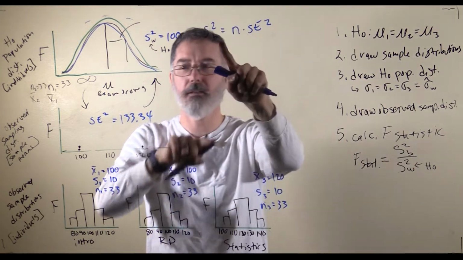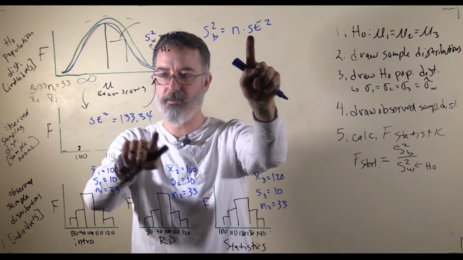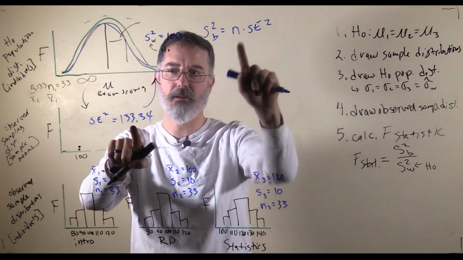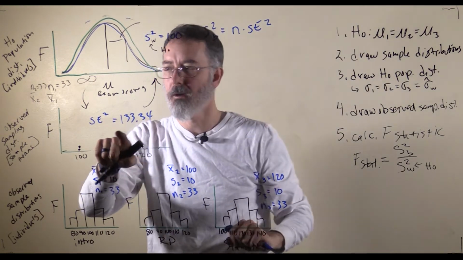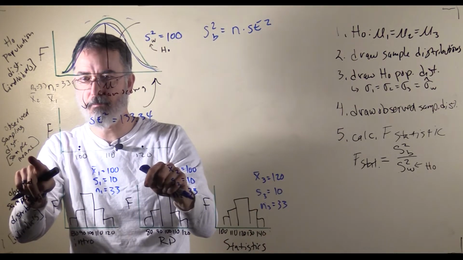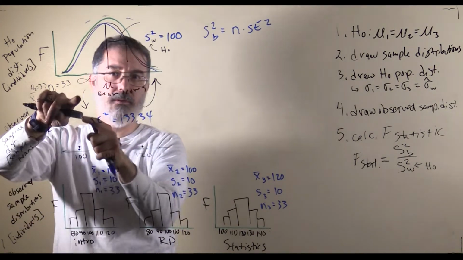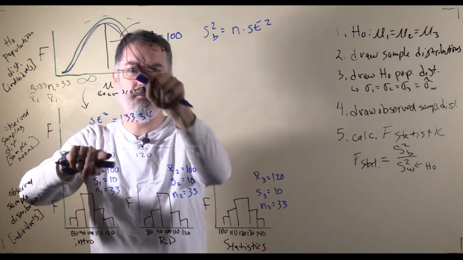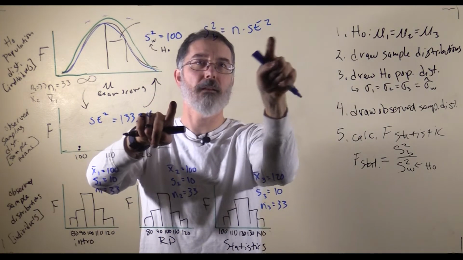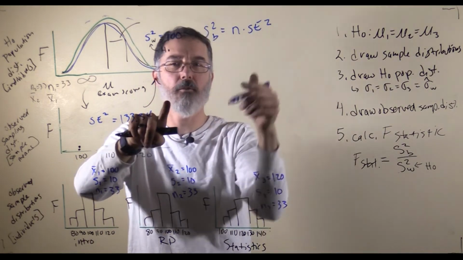All right, so we're halfway to figuring out our variance estimate for our between groups, which goes on the top of our F statistic. Right, we've determined that the variance of our 3 sample means is 133.34. Right, but this is from a distribution of sample means, and we need to go back up to a population. So we're going to do the reverse process of what we did before, and we've already determined that formula.